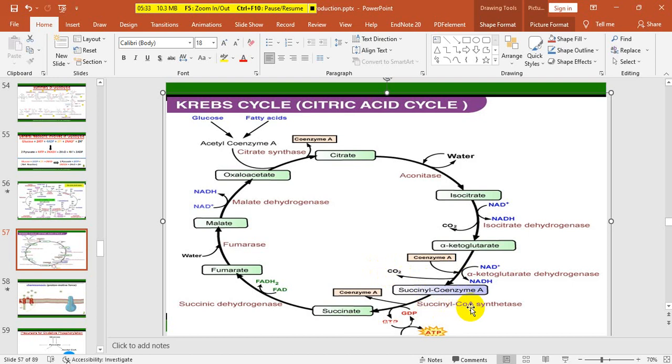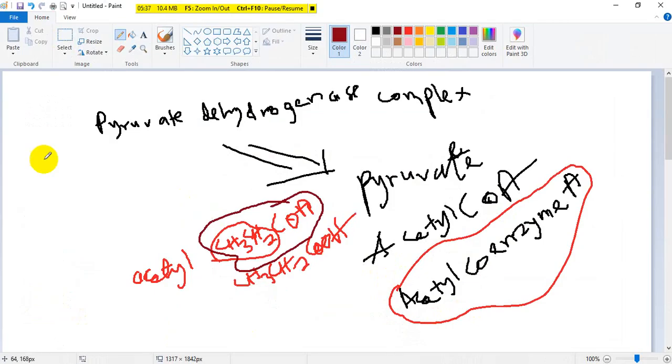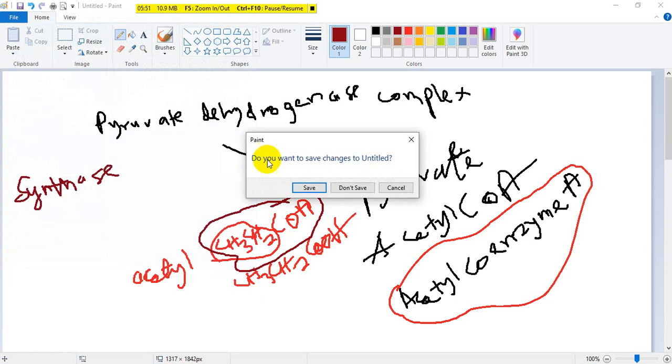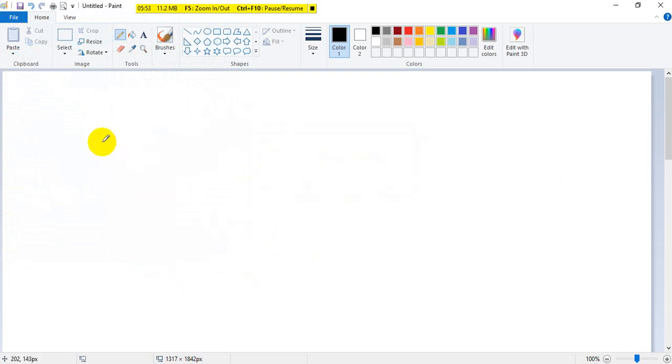Succinyl coenzyme A synthetase. Anytime you see synthetase, an enzyme being a synthetase, it means that it is able to synthesize or produce a product with the expenditure of what? ATP.